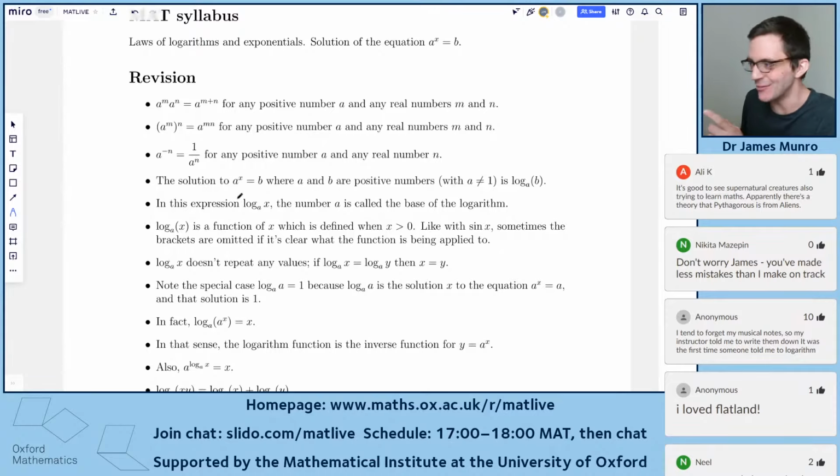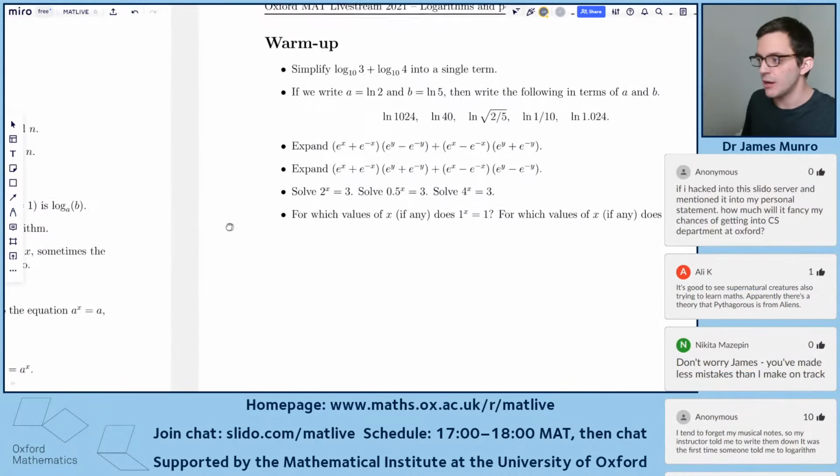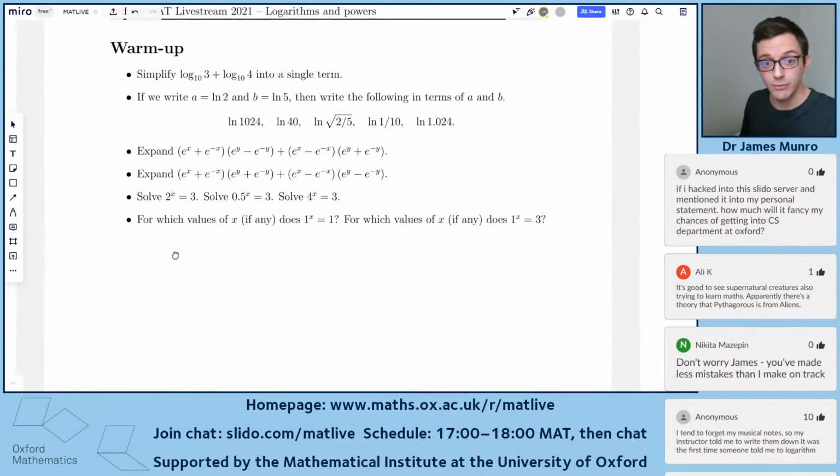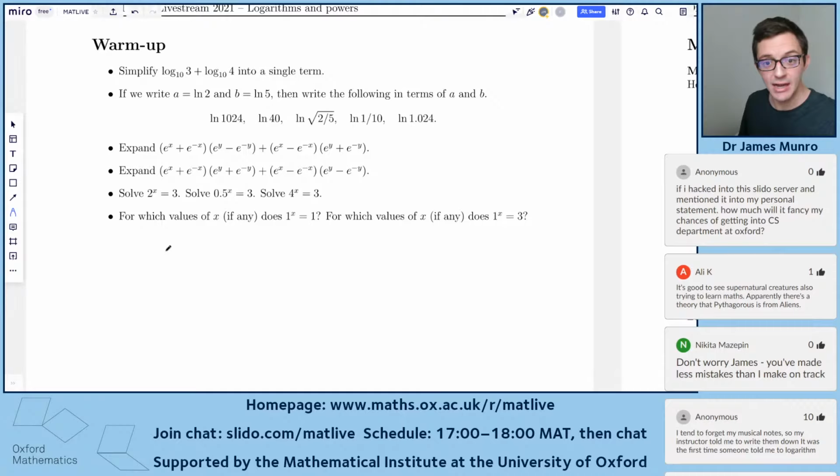By the way, if you're here from GCSE classes or Year 11 and you're trying to learn A-level material ahead of time, then here's a quick way to learn everything that the A-level kids know about logarithms. So, some facts about logarithms; you could look at those in advance. There's also some warm-up questions. Usually on the stream we talk about some of the warm-up questions, but not all of them. I think it's a good idea to have a look at those ahead of time as well, but it doesn't really matter if you haven't. If you're just joining us now, thanks for coming along as well.